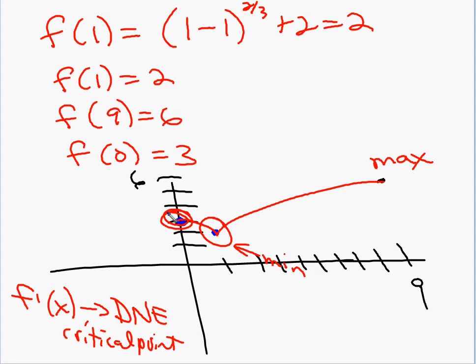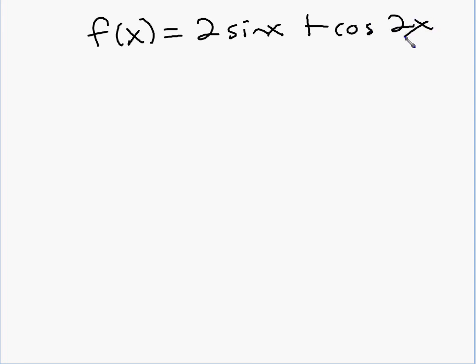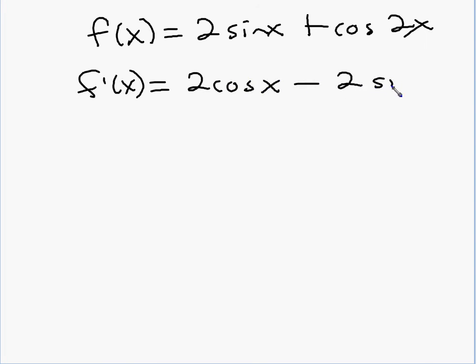Okay, let's do one with the trig function, because I think you're going to see some of those. We're running out of time. So if you get one that is like this, and I find the derivative of it, well, I'm going to have f prime of x is going to be 2 cosine of x minus 2 sine of 2x.